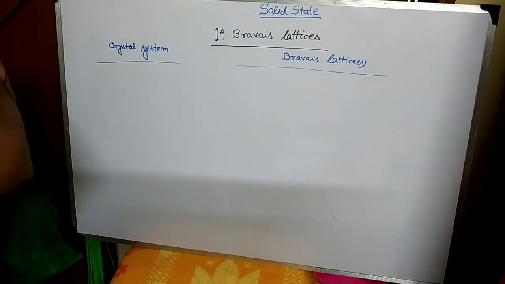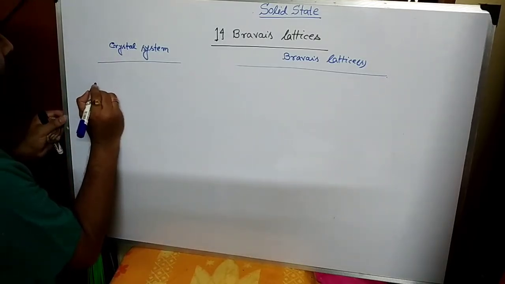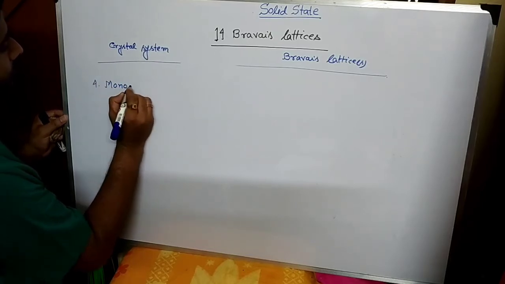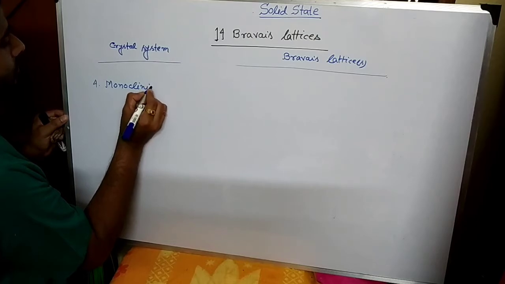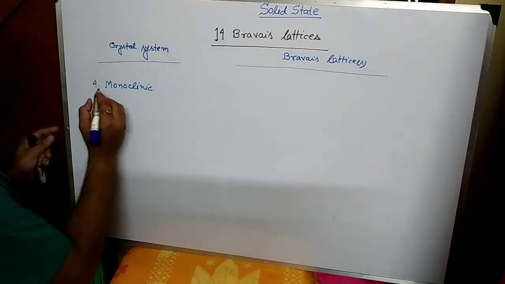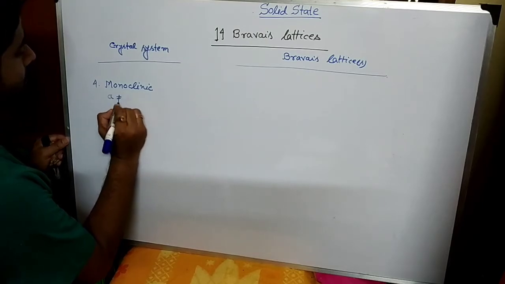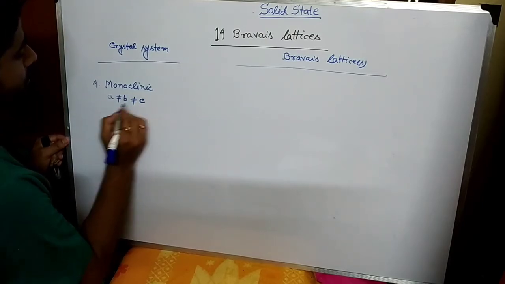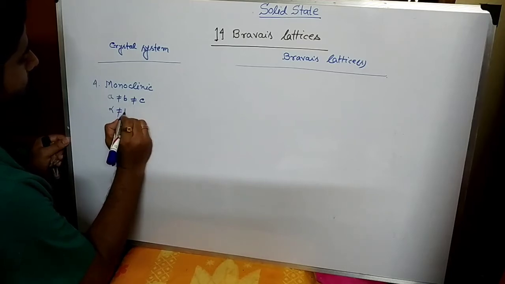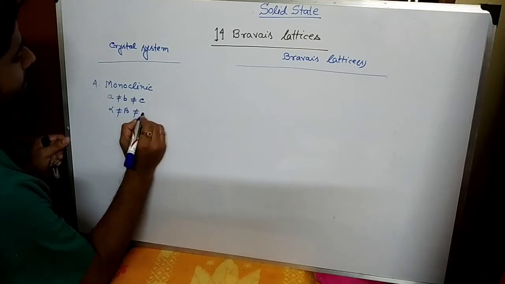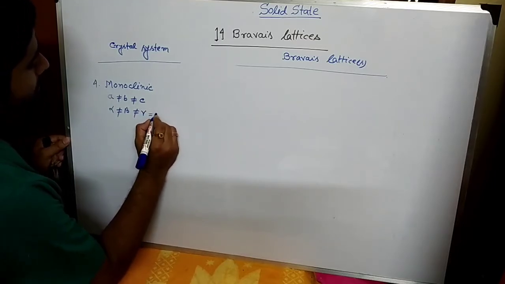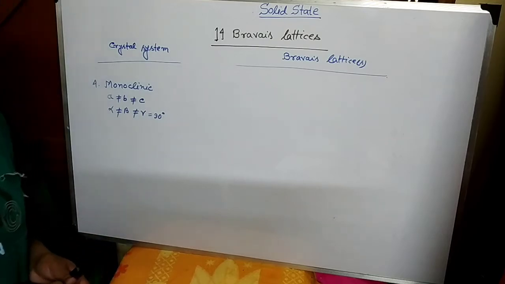monoclinic. What is the restriction for this monoclinic? A not equal to B not equal to C, alpha not equal to beta not equal to gamma not equal to 90 degree.